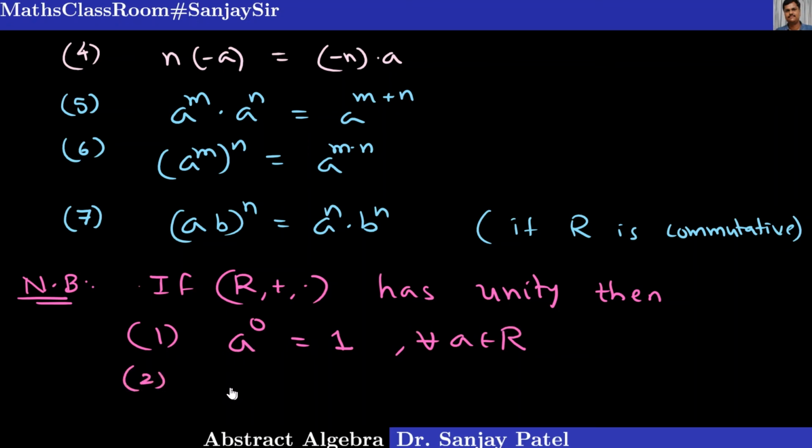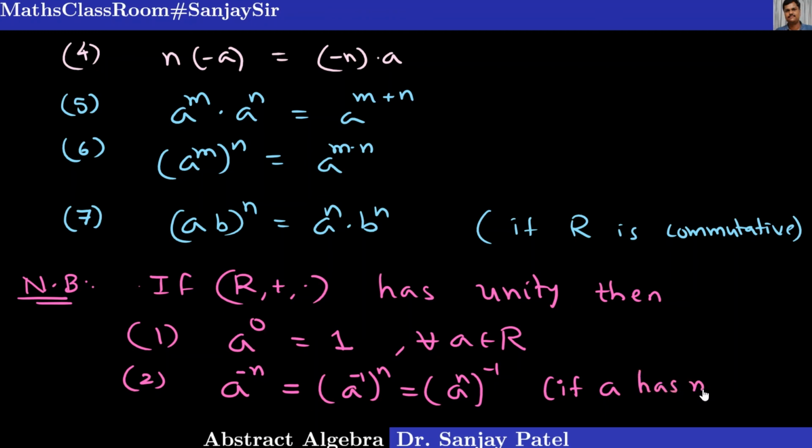And the second thing is a raised to minus n is equal to (a inverse) raised to n, or (a raised to n) inverse, in the ring only if a is a unit element, or a has a multiplicative inverse in the ring.